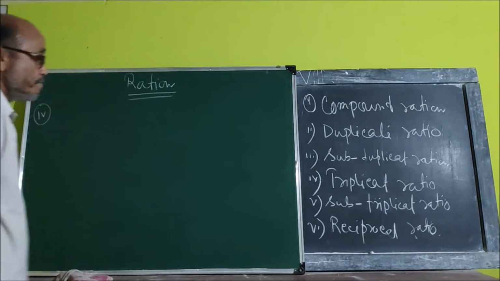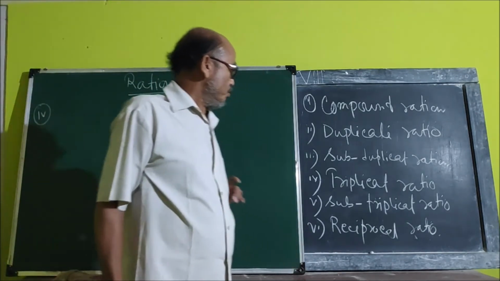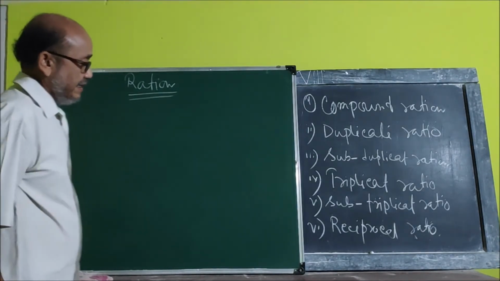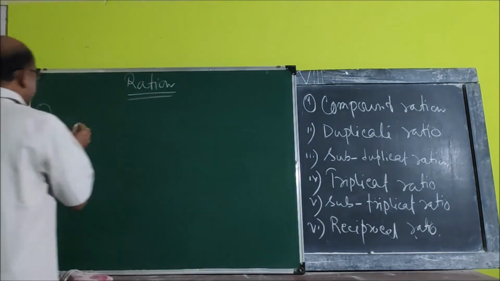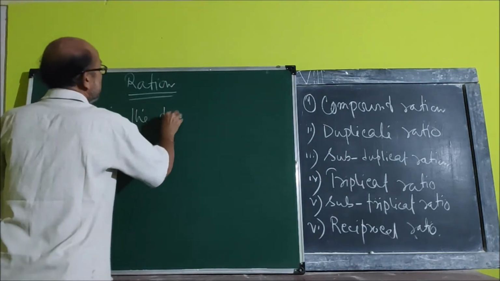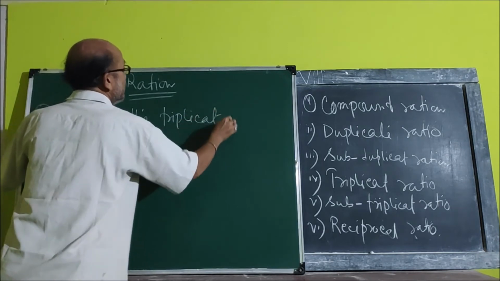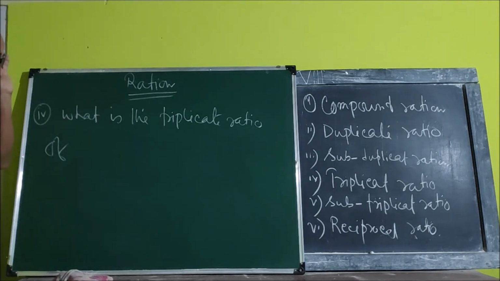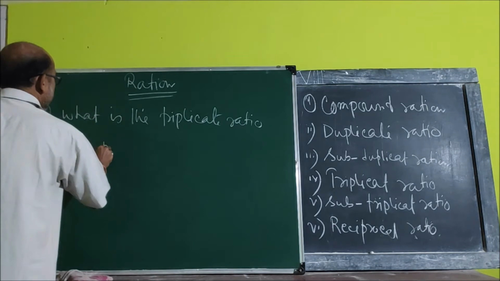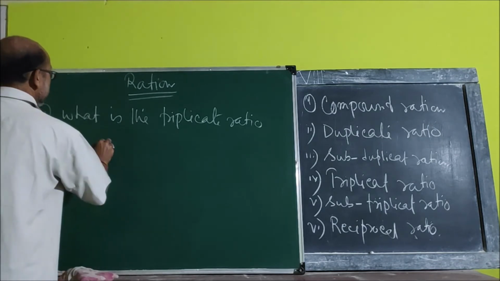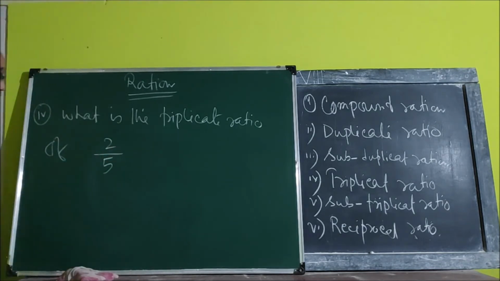Triplicate ratio. Triplicate ratio is compounded with 3.